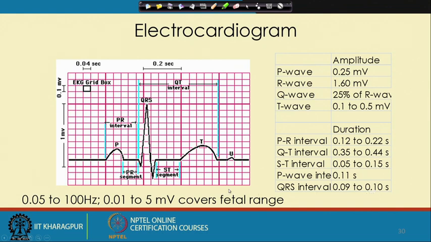We know that the heart is beating about 72 cycles per minute, and for that the frequency range is 0.05 to 100 hertz, also taking into account the fetal range. And the magnitude of the signal is in the millivolt range, 0.01 to 0.5 millivolt.